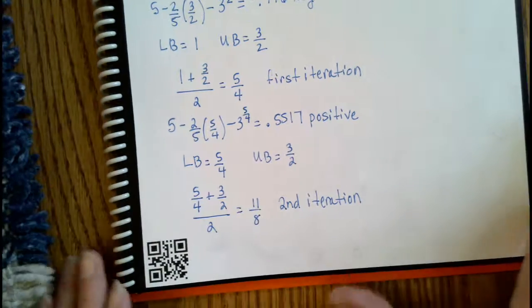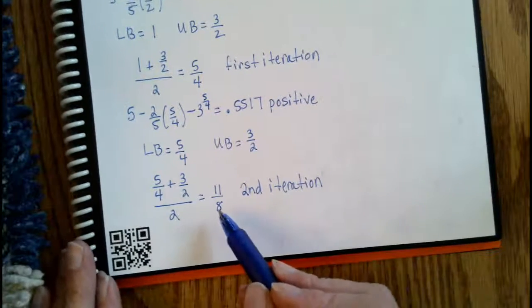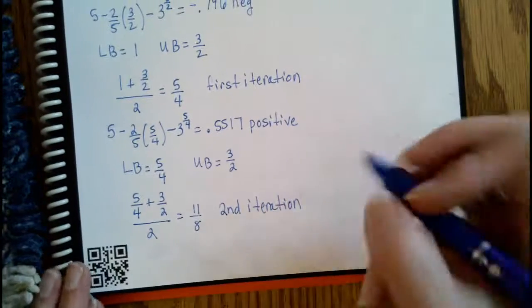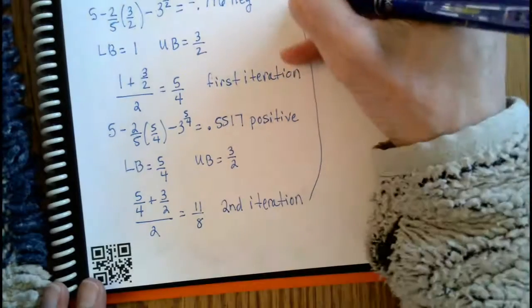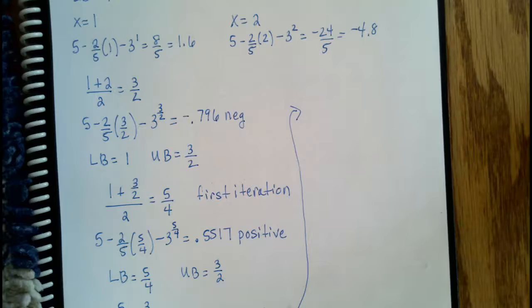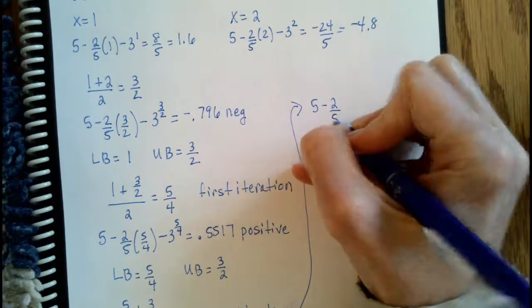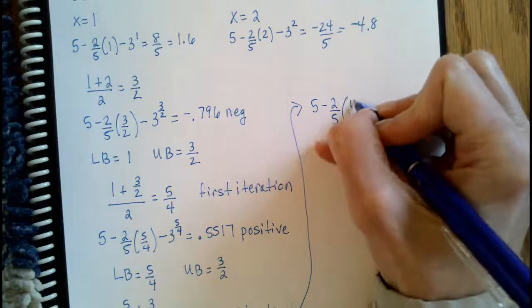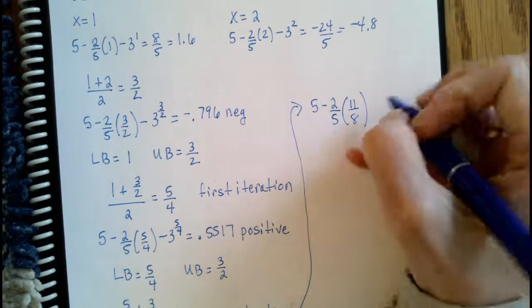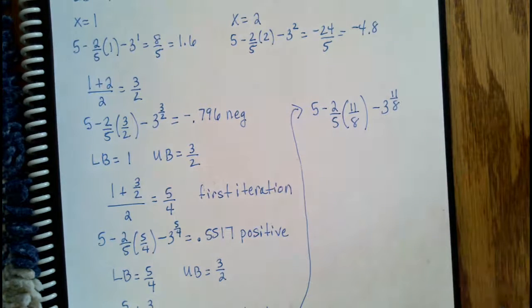And when we take a look at this now, we're going to take the 11/8 and put it back into our equation. So I'm going to try to keep on the same page here. You've got to be able to see it. It's going to be 5 minus 2/5 times 11/8 minus 3 to the 11/8.